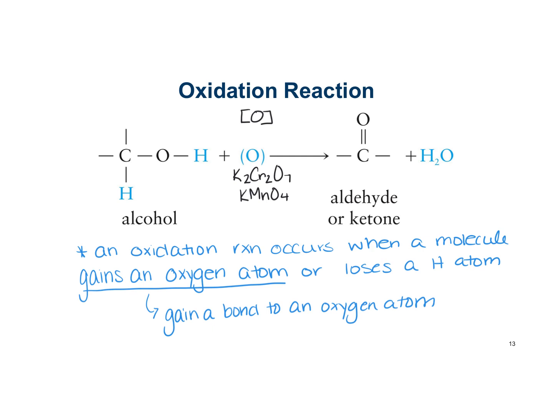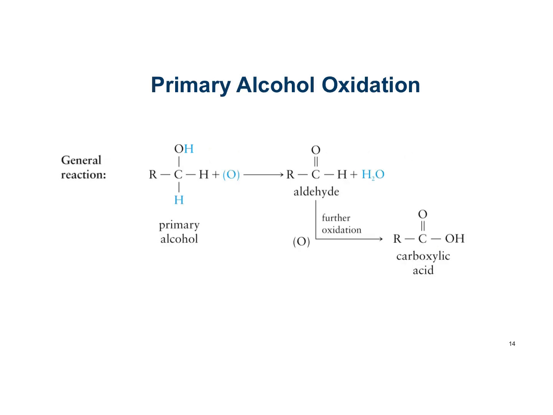Now, we learned in the previous screencast that there are 3 classifications for alcohols, and I said those react differently. And so we're going to see how the 3 classes of alcohols react differently towards oxidizing agents in this screencast. So one of the things that we're going to look at first is primary alcohol oxidation.